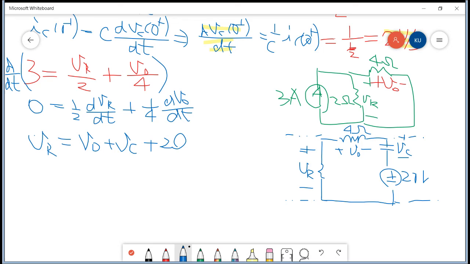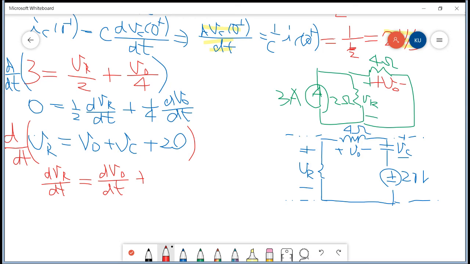Likewise, we take the derivative on both sides of this equation, so that we will have dVR/dt equals dVO/dt plus dVC/dt. So this is equation 1, this is equation 2.